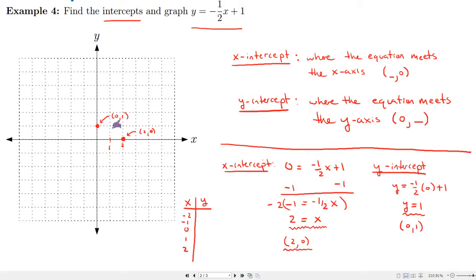We already have 2 of these values, right? At x equals 0, y was 1. At x equals 2, y is 0, right? But let's fill in the rest of these real quick.